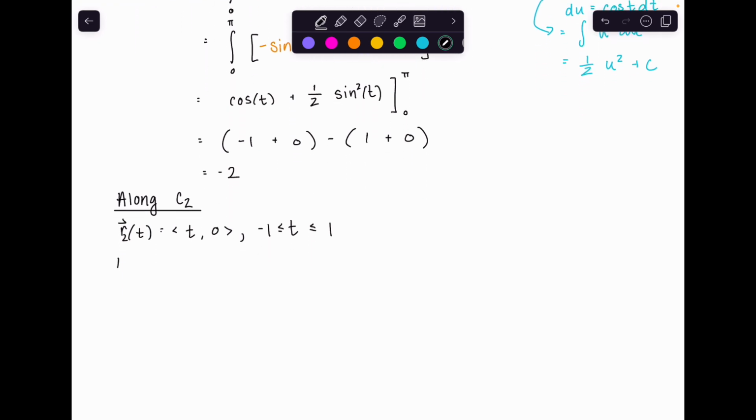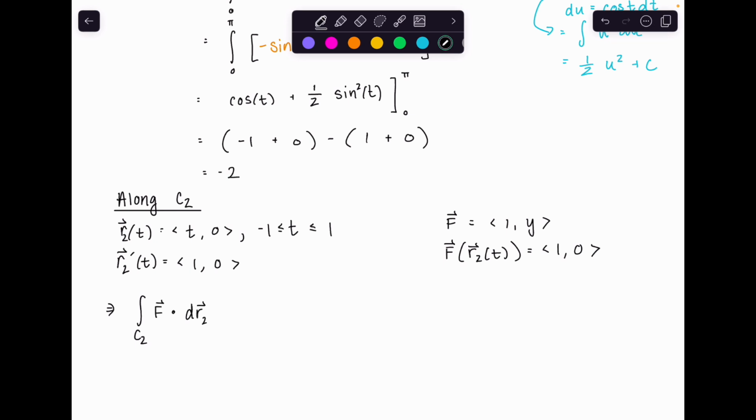So we've got our vector function. So its derivative is fantastic. It's just 1, 0. Remember, our vector field is 1y. And so when I evaluate this along the curve, my y is 0, which is beautiful. So the line integral over C2 of f dot dr2 ends up becoming an integral dealing with t.